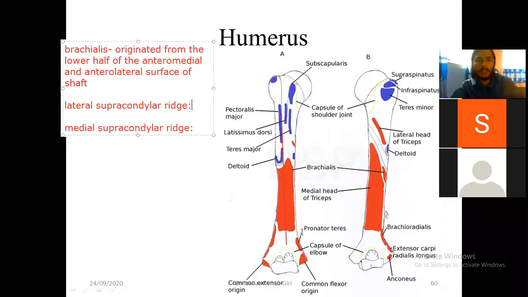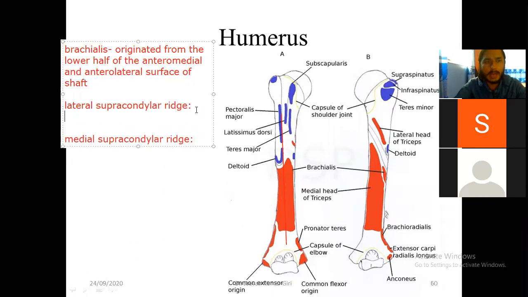Now let's go for the lateral first. This is the lateral supracondylar ridge. Can you see these muscles here? 1, 2, 3, isn't it? This muscle is in the lateral epicondyle actually. Let's see these two muscles. They have got an origin from the lateral supracondylar ridge, isn't it? The lateral supracondylar ridge is again divided into two.